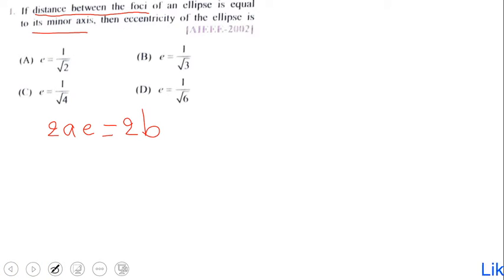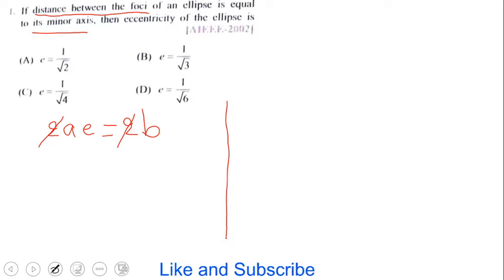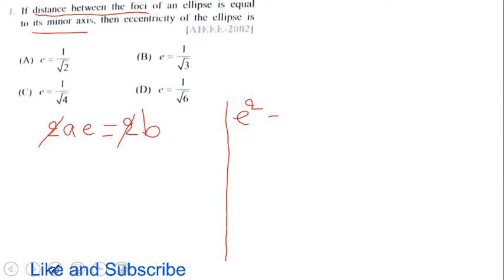Further, on both sides the 2 cancels. The relation between E square, A square and B square is given by the formula E square equal to 1 minus B square by A square.